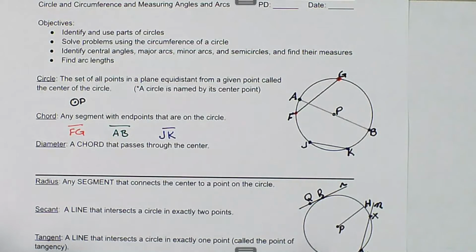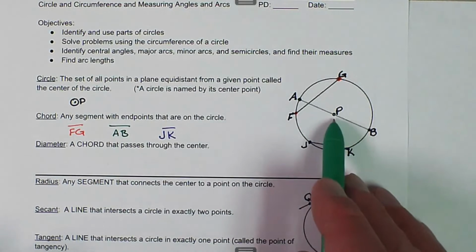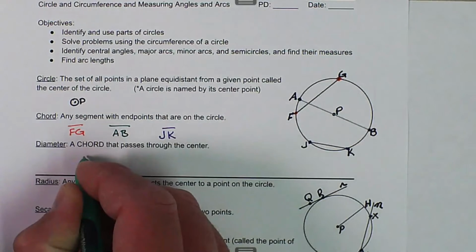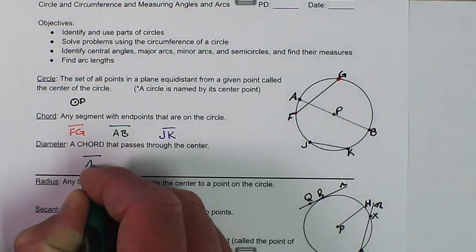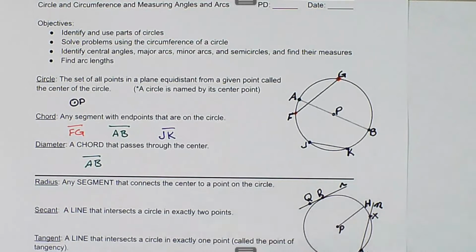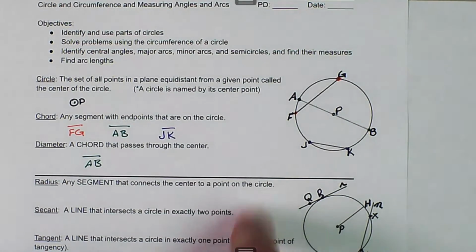The diameter is a chord that passes through the center. So in this example, we only have one diameter, and that is AB because that's the only one that is a chord and also contains the center point. So the diameter for this one is going to be AB. Now we have radius, any segment that connects the center to a point on the circle.